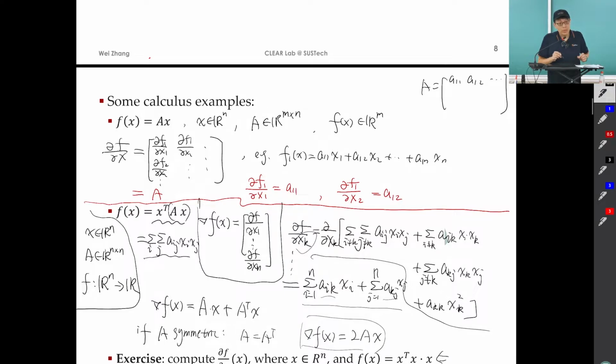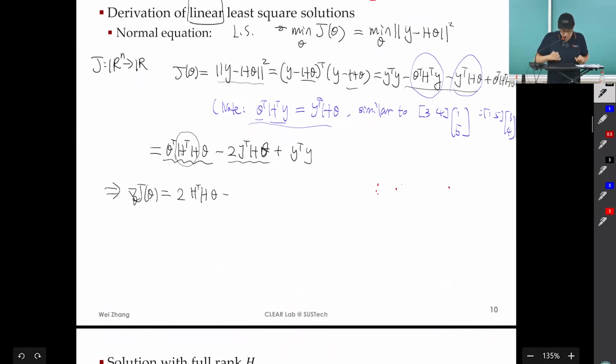The partial derivative equals A, but the gradient is the transpose of the partial derivative. So I have this A transpose as my gradient. So that will be 2H transpose Y. You see what I mean? The partial derivative is the transpose of the gradient in this class, okay?